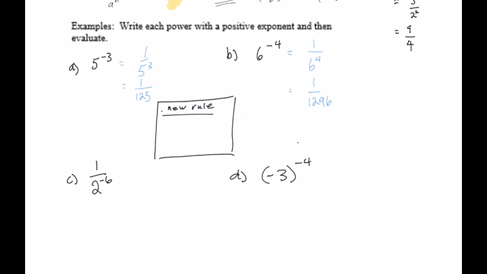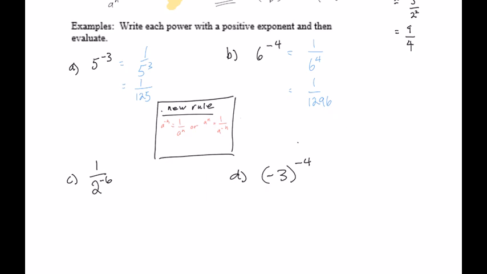Now, I'm going to expose you to a new rule that we can add in conjunction with what we learned before. Before, I told you a to the negative n is equal to 1 over a to the n. We can also say a to the n is equal to 1 over a to the negative n. So in this part, notice I have 1 over 2 raised to the negative 6.